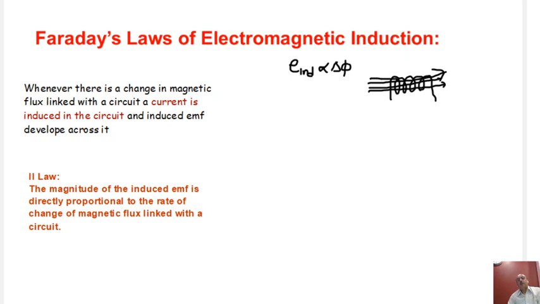If there is a regular change in flux, then there will be a production of induced EMF, one side plus, one side minus. So the difference between the ends will be the potential difference, and it is called induced EMF.